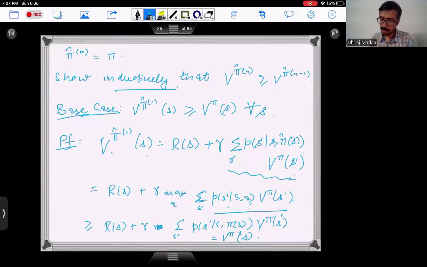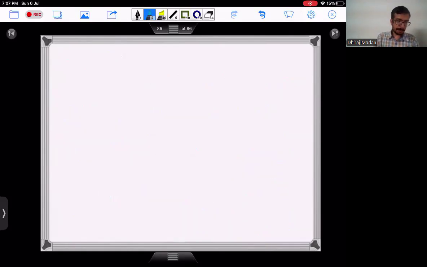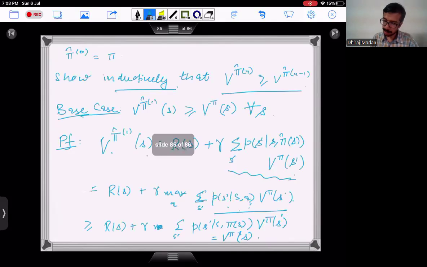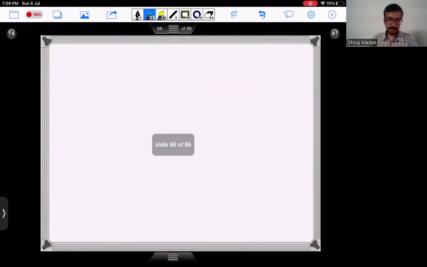So this essentially proves the base case of our induction, wherein we want to show that V pi hat n is greater than or equal to V pi hat n minus 1. Now let's make the inductive hypothesis that this equation is true until some n.